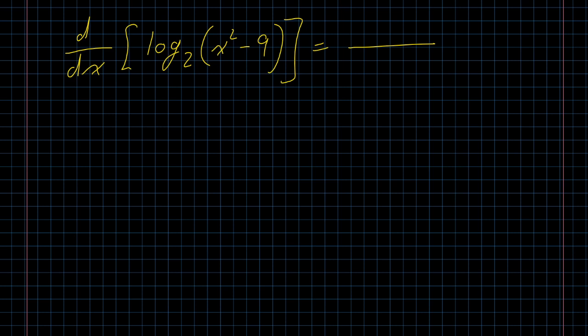The argument ends up in the denominator, x squared minus 9. The derivative of that argument ends up in the numerator. In this case, that's just 2x. And then in the denominator, we have to also multiply the natural log of our base, in this case 2. When we're using a natural log, well, the natural log of e is 1, so we wouldn't bother writing that down.